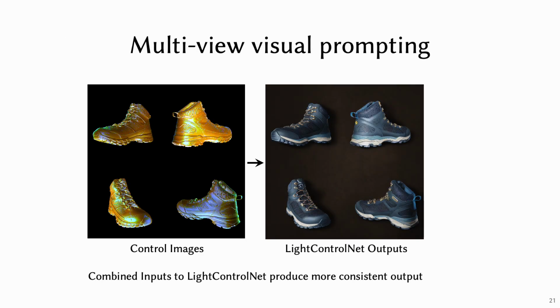However, if we combine these 4 views into a single image and feed it to our LightControlNet, we will get much more consistent output, because now the self-attention could happen among pixels across different views. We empirically find that this multi-view visual prompting works reasonably well even without any fine-tuning on multi-view data.